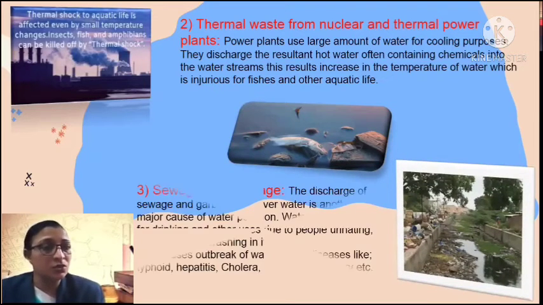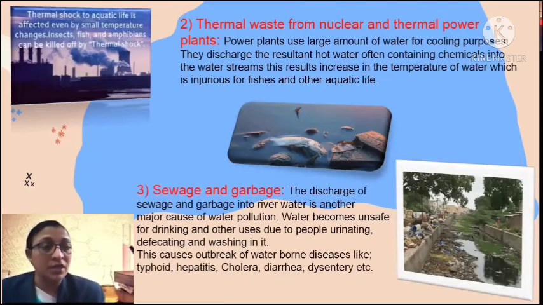The third major source of water pollution is sewage and garbage. The discharge of sewage and garbage into the water is another major cause of water pollution. Water becomes unsafe for drinking and other uses due to people urinating, defecating and washing different things in the fresh water.